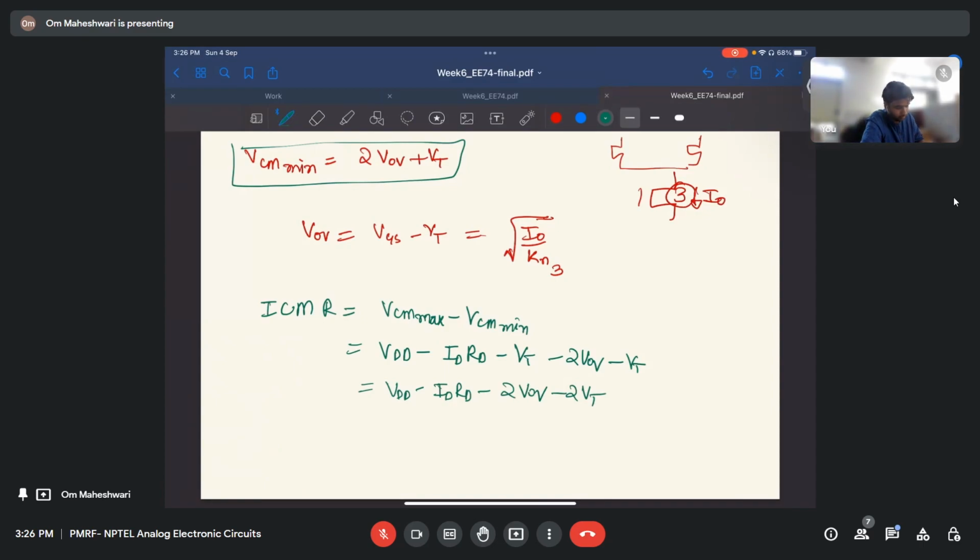So we know all these values and we can solve it. I'm not going to solve it right now; you can solve it, but the answer will come from here only. Any doubt in this part?